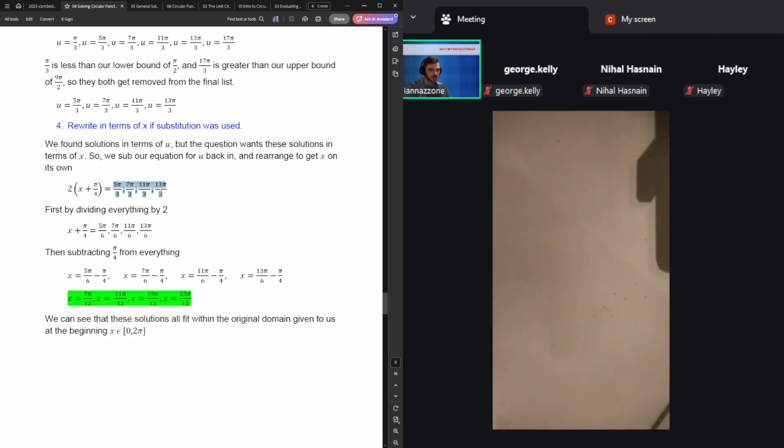And that can be a bit annoying depending on how many solutions you have, but because you're doing the same operation to all these terms at the same time, it tends not to be the worst thing. Like for instance, dividing everything by 2, that just gives everything a denominator of 6. Nice and easy. Subtracting pi over 4, on the other hand, that's a bit of a pain because now you have to convert these to a similar denominator. But it is one of the things you have to sort of get through, and they're usually not too bad about doing this.